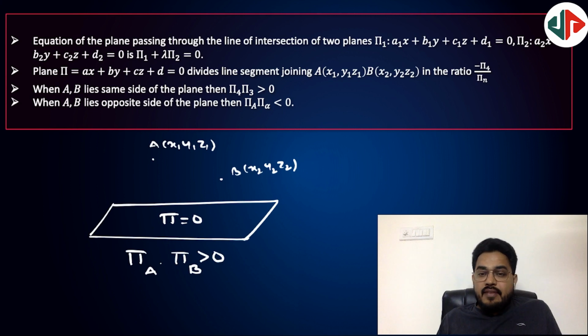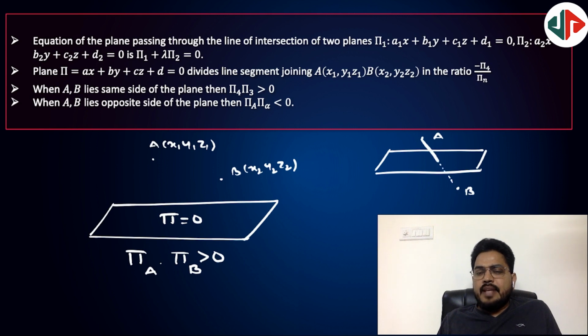Now, if this plane is like this, here A is there, here B is there. In which ratio does this plane divide AB? So simply, M is the intersection. I need only AM by MB, which is equal to, you drop the perpendicular here and here, simply P1 is to P2.